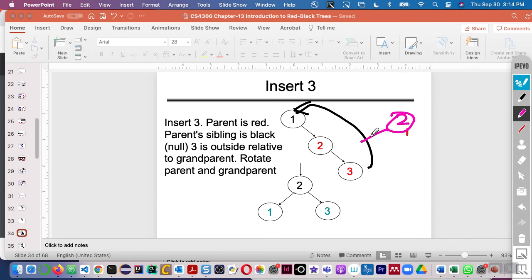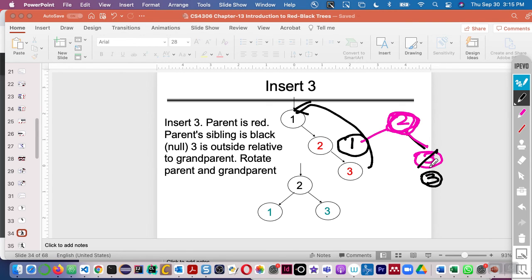Then 1 is black, and then 3 is red. Now if it is red, then both children must be black, so we need to make 3 black.